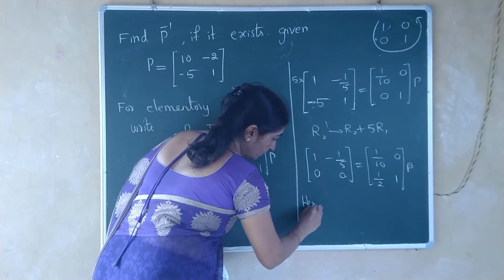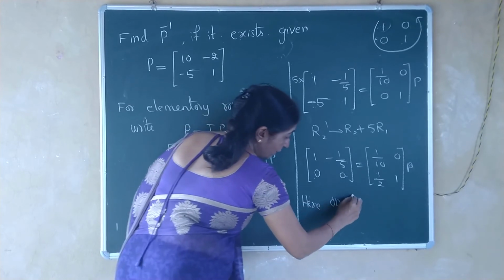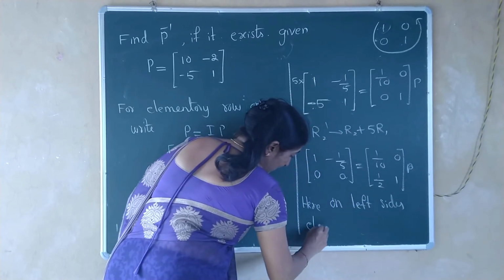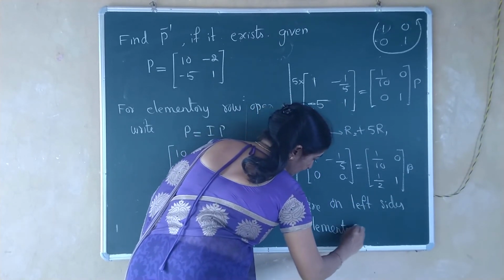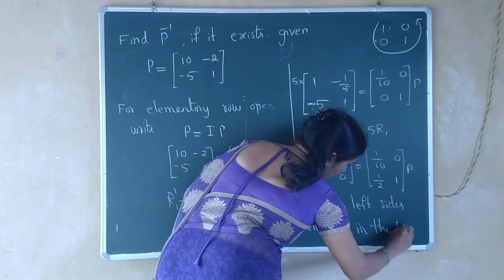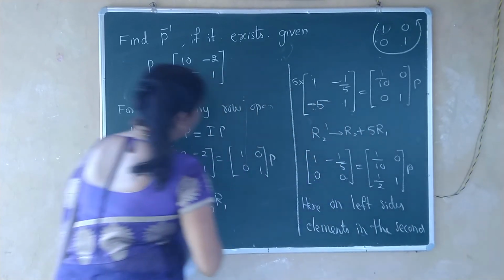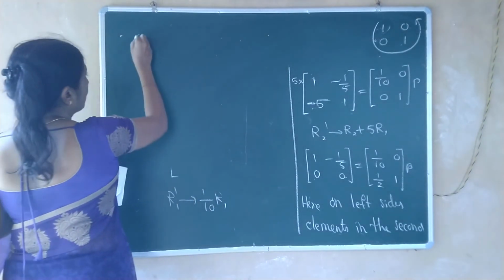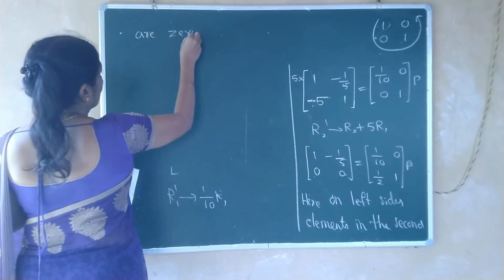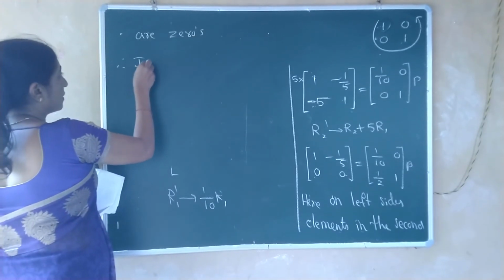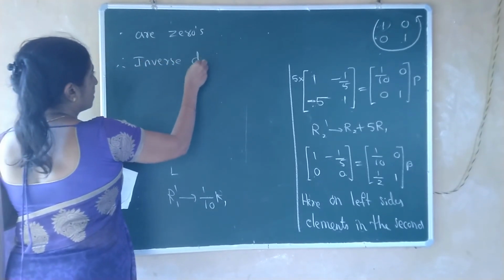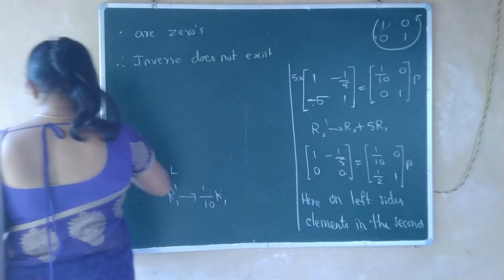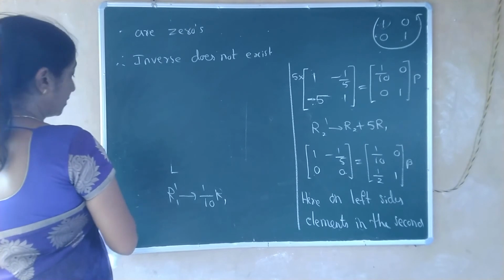Here, on the left side, the elements in the second row are 0. Therefore, the inverse does not exist.